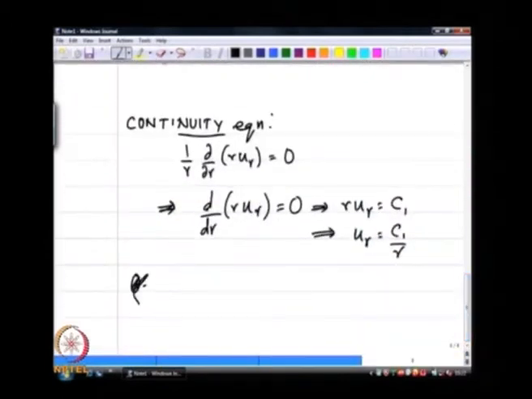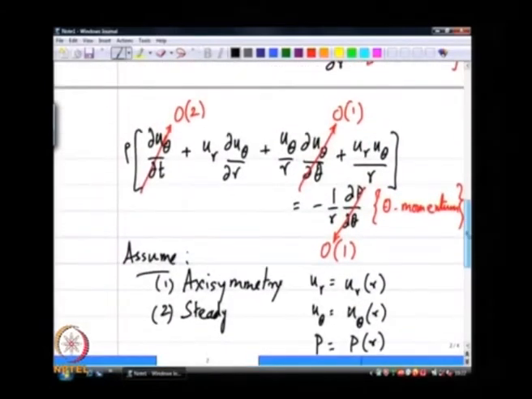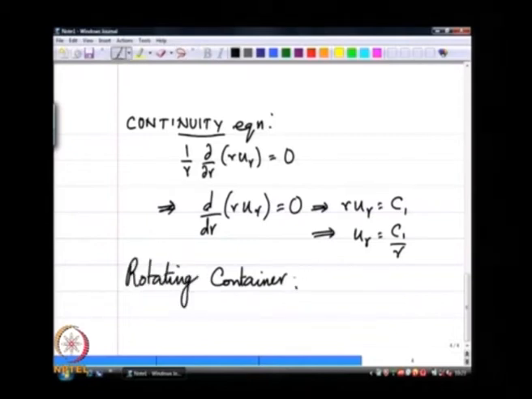Now, before I go much further, let us look at each case separately. If I take the solid body rotation case, or I will call it the container case, then r equal to 0 is contained inside the domain.